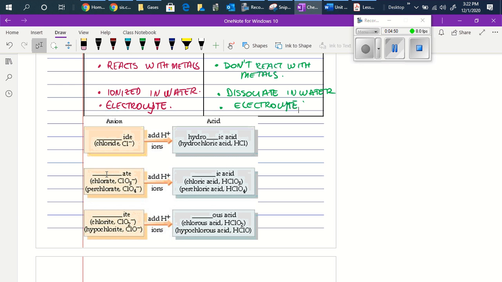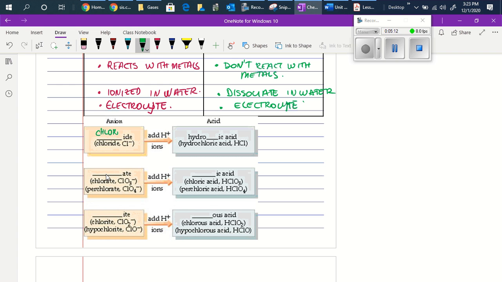So for chloride, the root of chloride is chlor, and when you name the acid it will be hydrochloric acid.